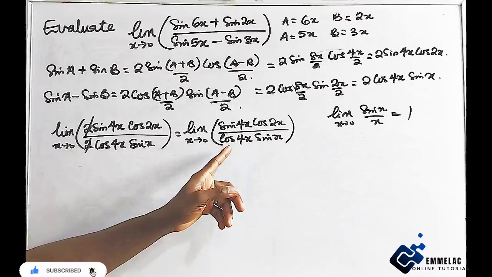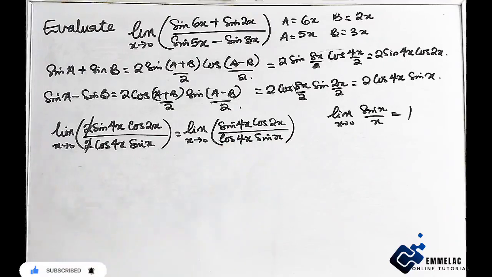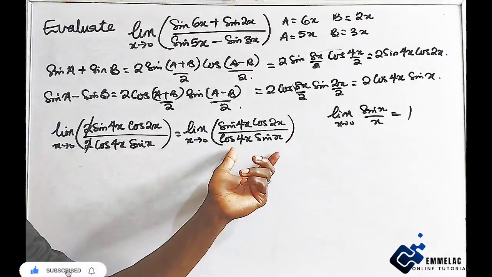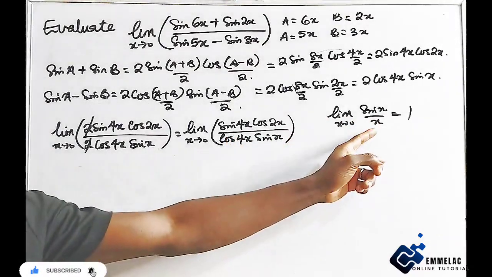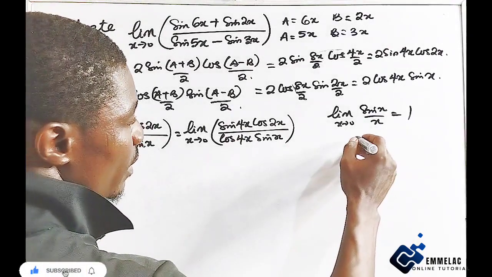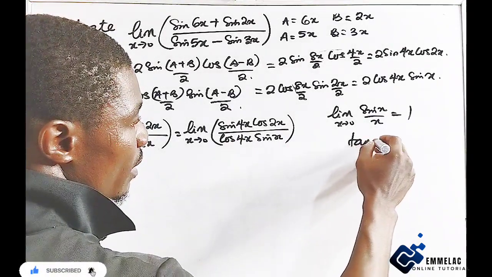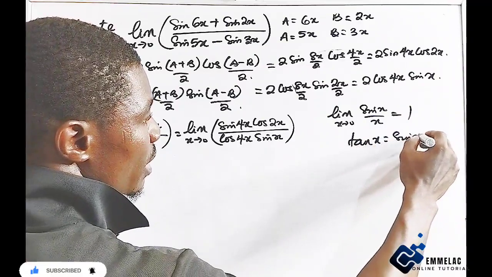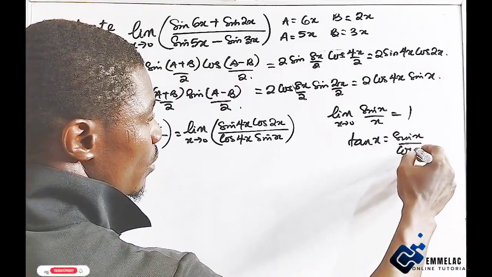Let us look at this function and see how we can resolve it so that each part is in this form. Let us also recall that tan x equals sin x all over cos x.